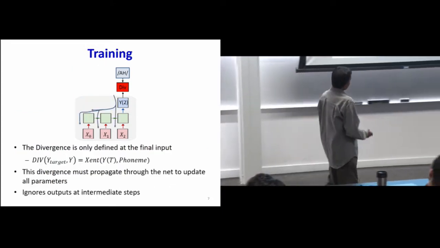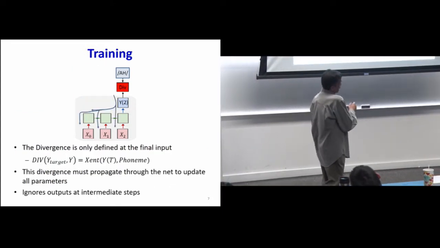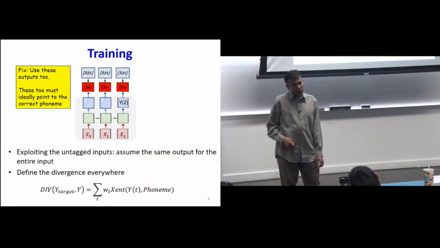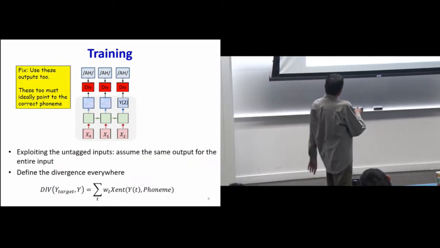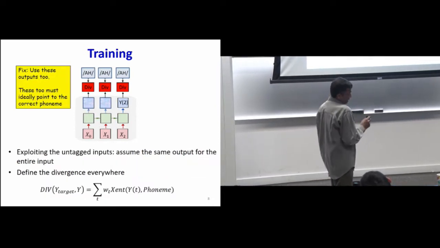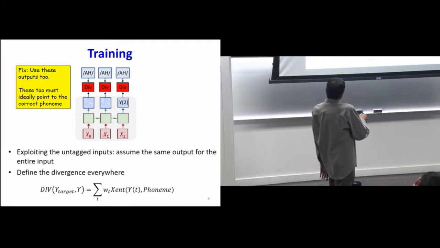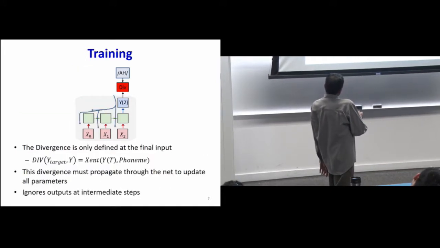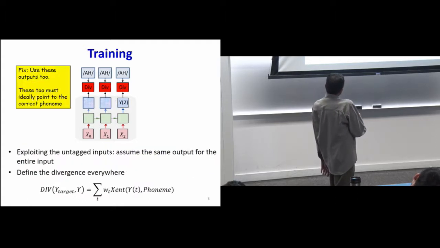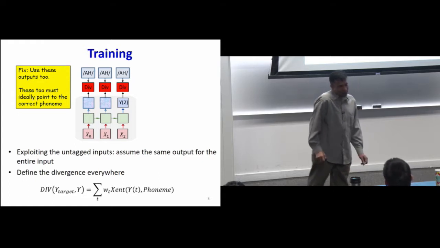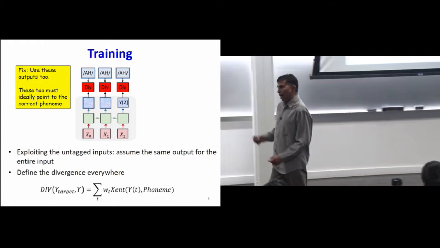One simple way to use this kind of labeling is to extend it and say that the system is actually producing an output at every time, and that if this is the actual desired behavior, then it's reasonable to assume that all of these outputs should also be the same phoneme. So you would expect to be outputting R several times.